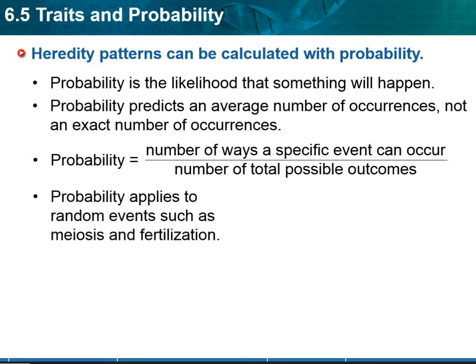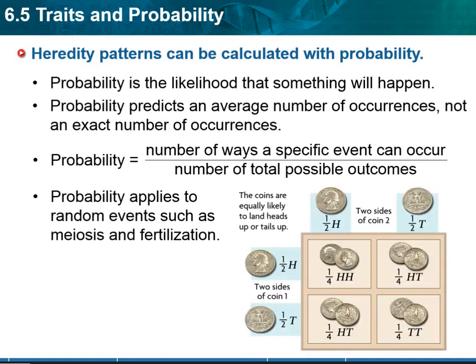So probability applies to random events such as meiosis and fertilization. An example of probability is if you flip a coin, there's 2 sides to the coin. So 1 out of 2 is a 50% chance, and that's what it's showing you here in this picture.